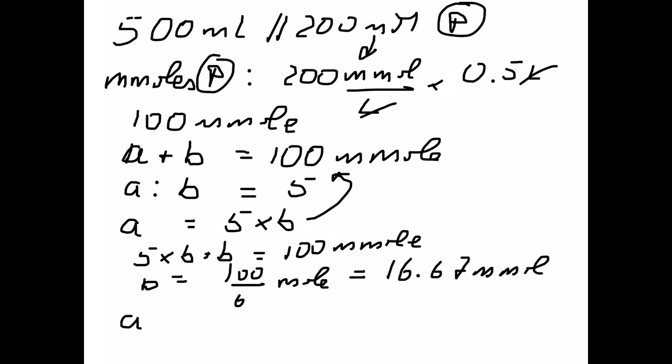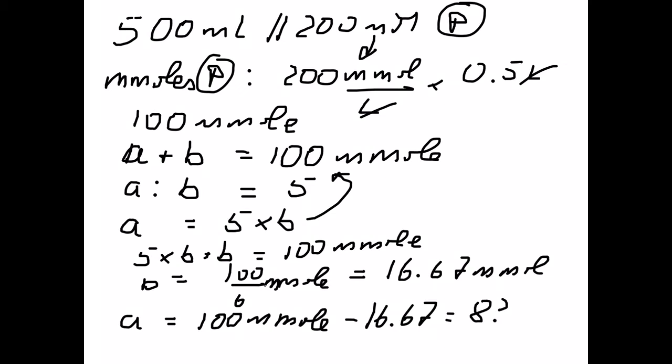And for A, obviously I get 100 millimole minus 16.67, and that is 83.3 millimole.